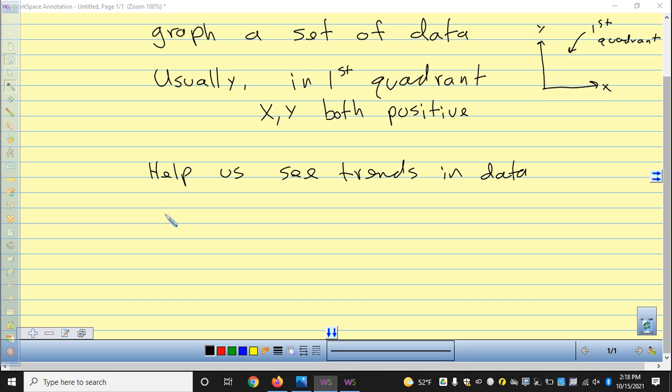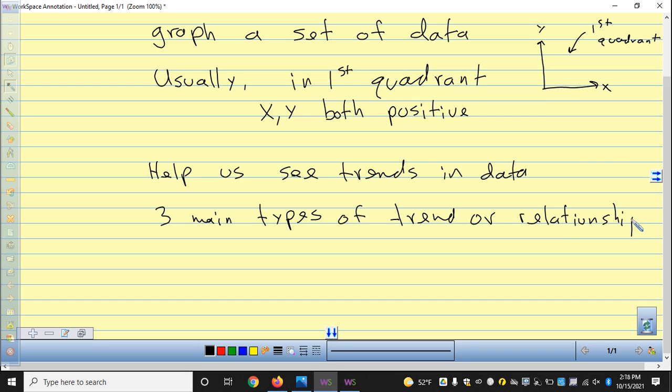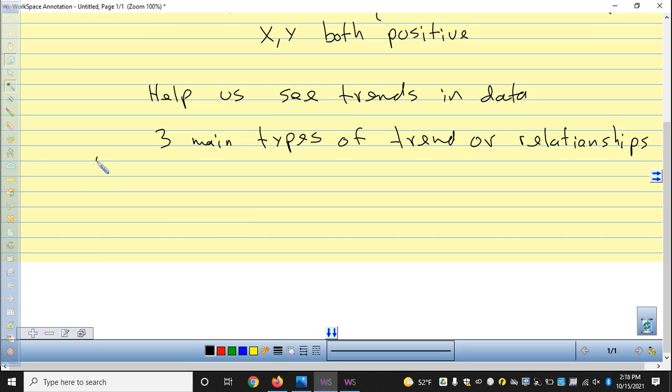There are three main types of relationships. So trends or relationships. So this is just how we describe how the data seems to be related to each other. I'm going to draw some pictures to describe the three types.